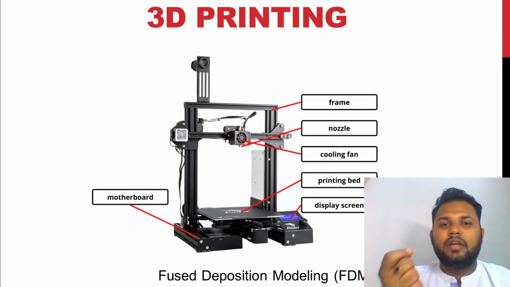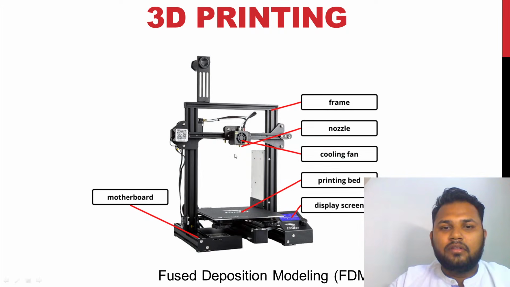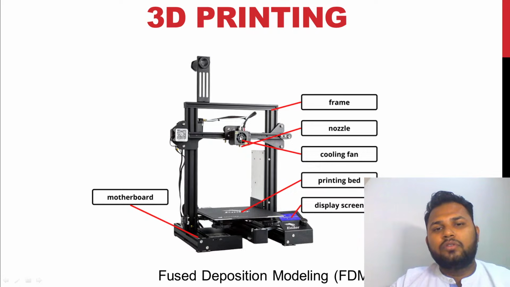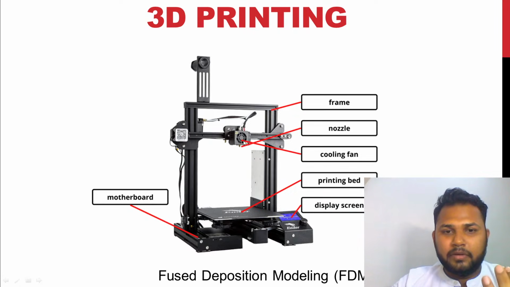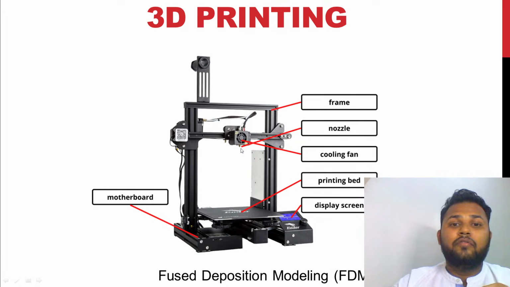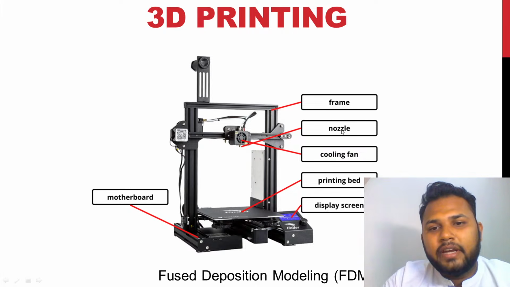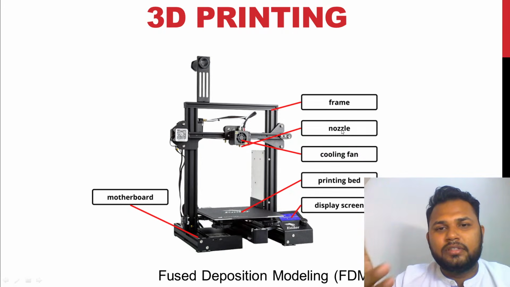Because we melt the plastic material using this nozzle, and a motor from behind pushes the material to this nozzle, and the melted plastic material comes out of it, and we set the temperature of this nozzle. Can anyone tell me what temperature we set for PLA material? The range, you can say.